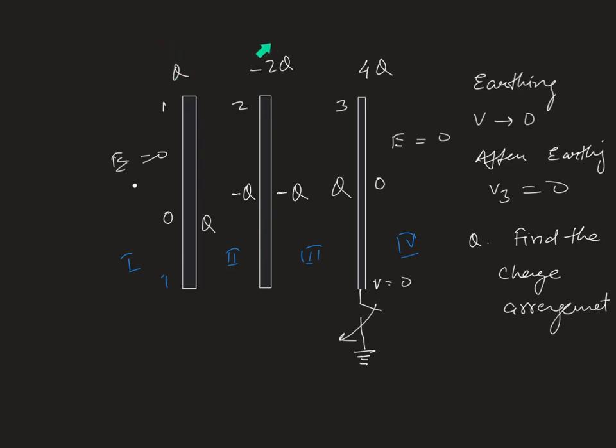Q is conserved, minus 2Q is also conserved, but the charge on this plate is Q, but initially what charge did we give it? We gave it 4Q, right? So there was some transfer that took place, and the transfer was 3Q to the earth. So the charge on the first plate is conserved, the charge on the second plate is conserved, the charge on the third plate is not conserved, and the charge that was transferred to earth was 3Q.